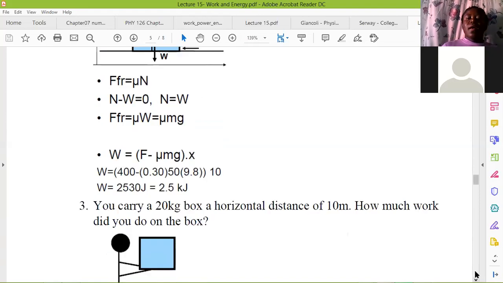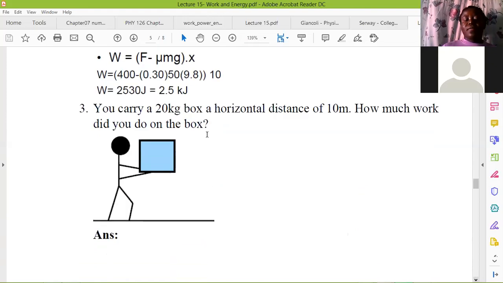Okay, so another example here is you carry a 20 kilogram box a horizontal distance. How much work did you do on the box? This one is almost the same. You are standing there with a box on your hands, and you carry this box.